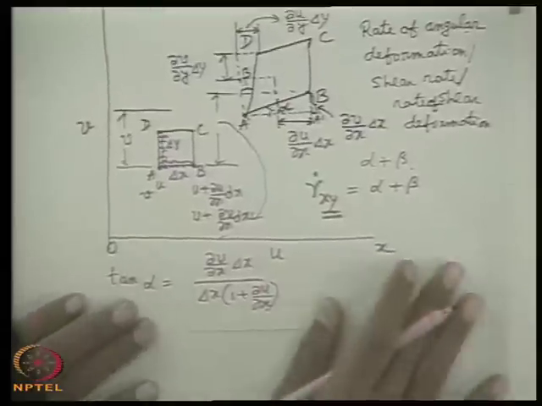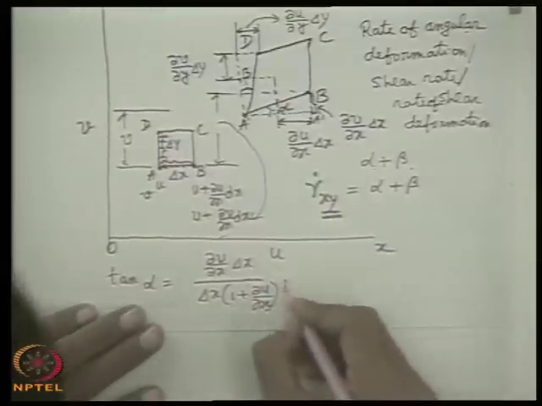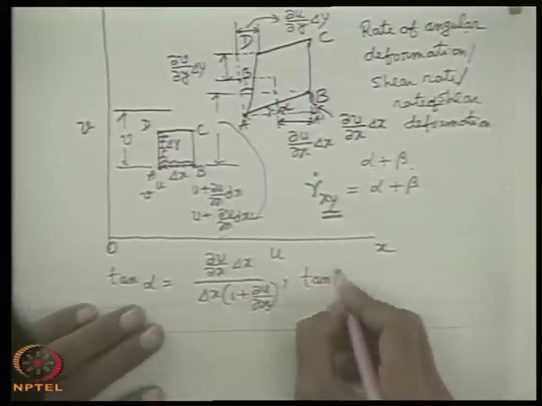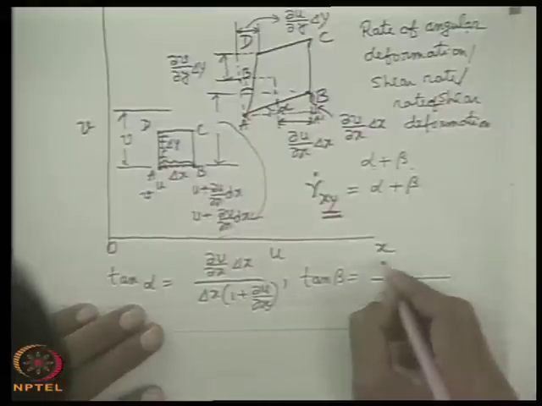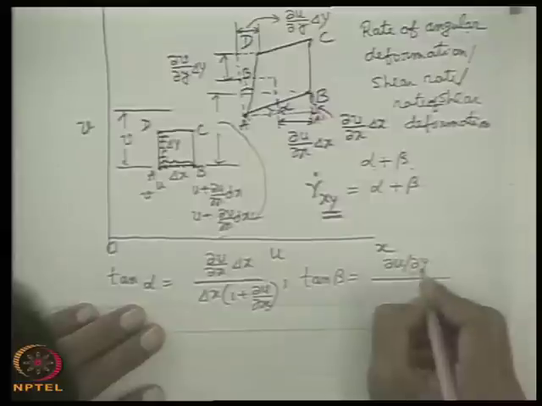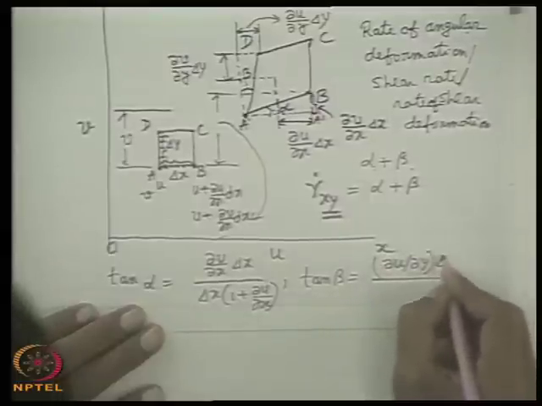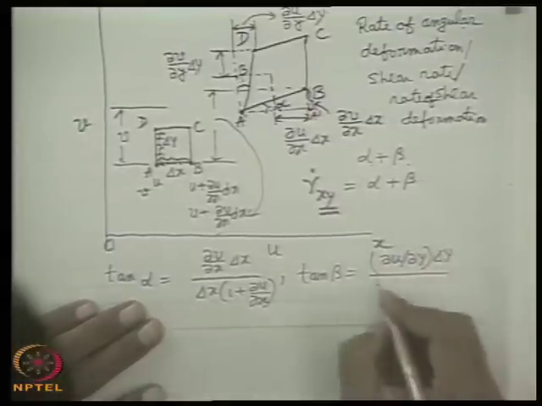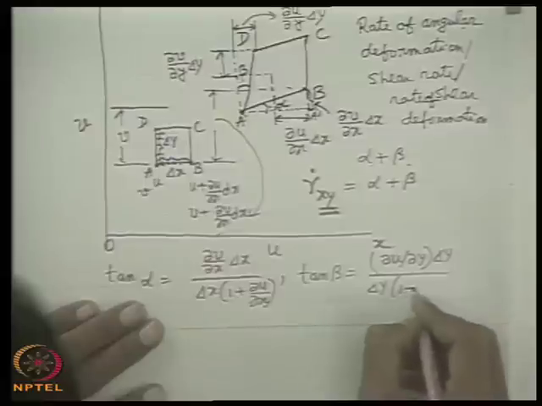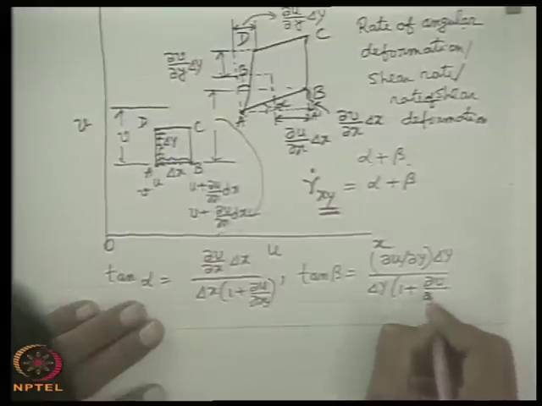Similarly, we can write tan beta is equal to del u del y times delta y divided by delta y into 1 plus del v del y.